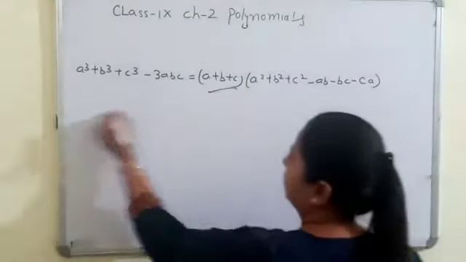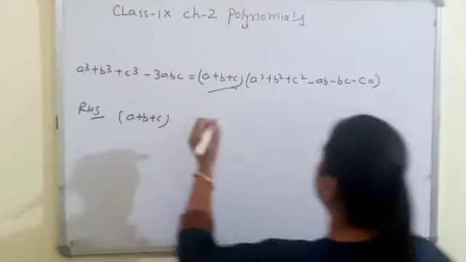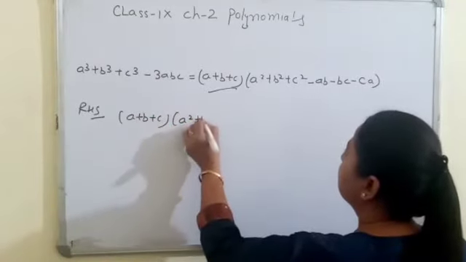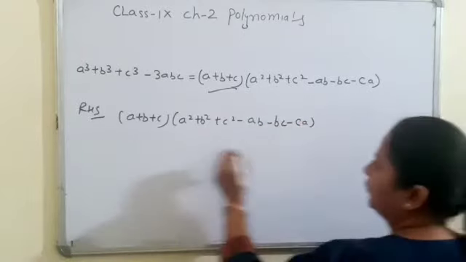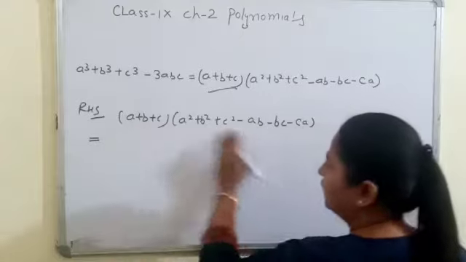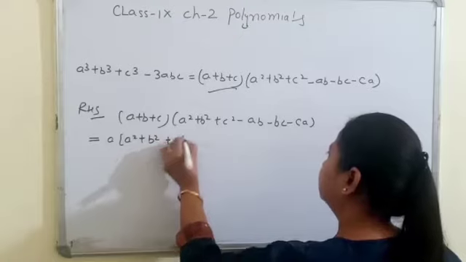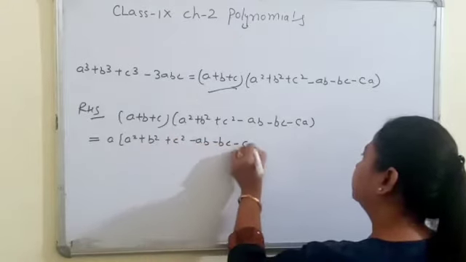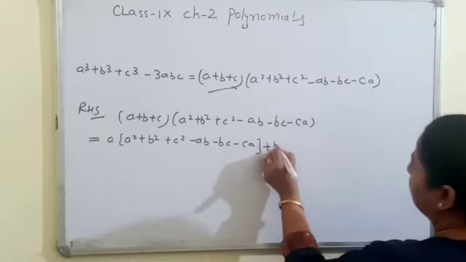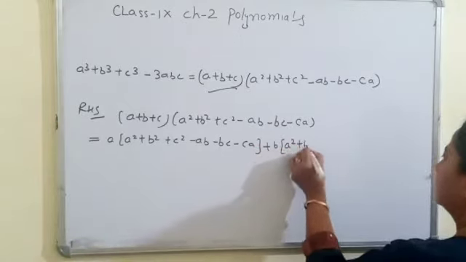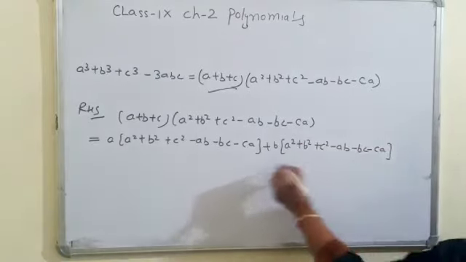So let's take its right side: a plus b plus c. Let's do the multiplication of these two terms. Firstly we will multiply the whole term with a, then with b, then with c.